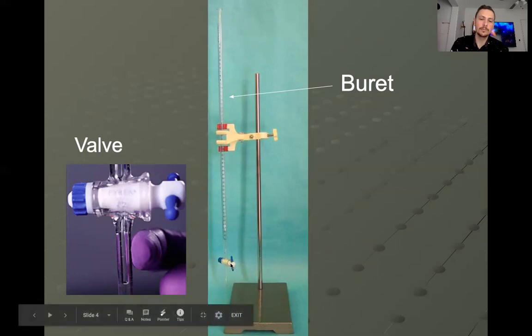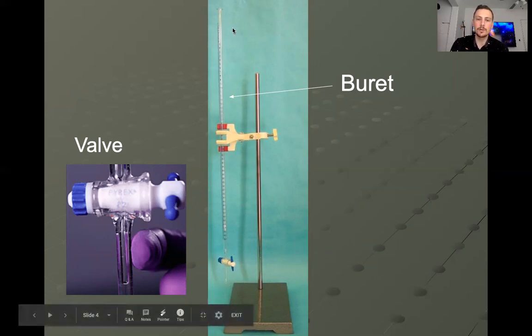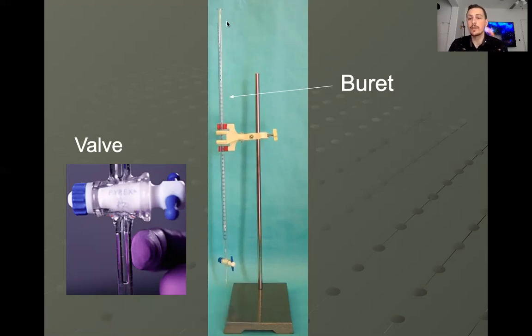And towards the bottom, we have a valve, also known as a stopcock. When the handle's horizontal like it is in this image, the valve is closed. When it is vertical, up and down, the valve is open and the liquid can flow from our burette down through the nozzle. At the very top of our burette, we have an opening that allows us to fill it with titrant.